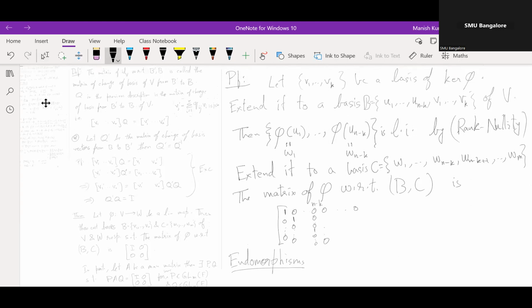So this is precisely the identity I n minus k, then 0, 0, 0. The remaining k columns will be 0, and m minus n plus k rows of zeros are padded at the bottom. So that completes the proof of this proposition, this theorem. Is that okay, everyone?